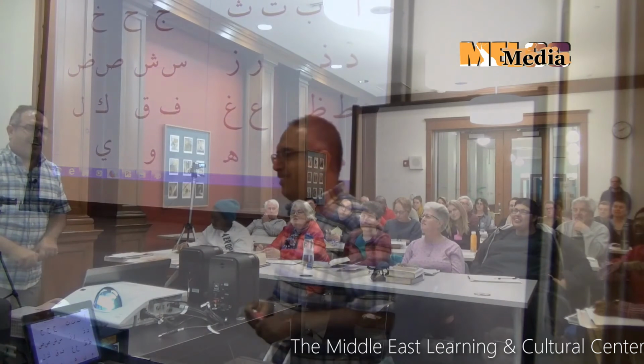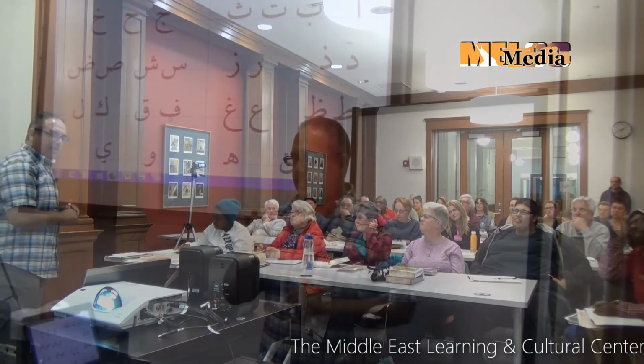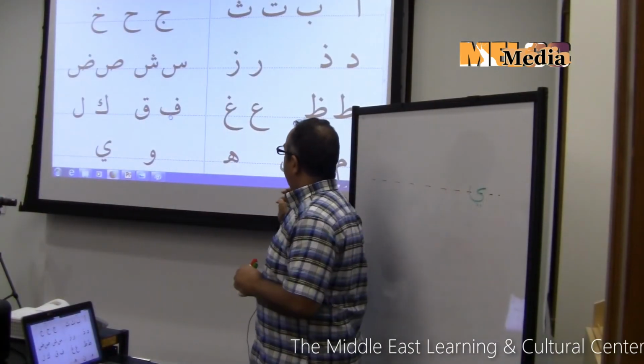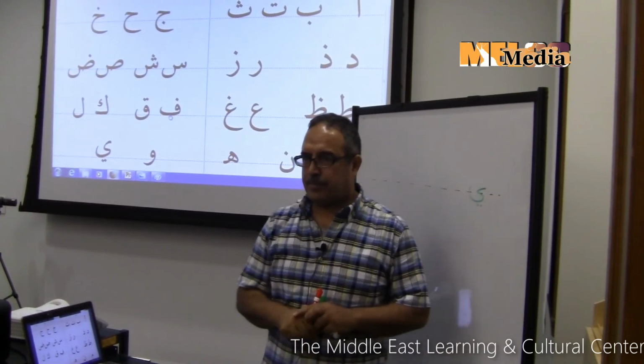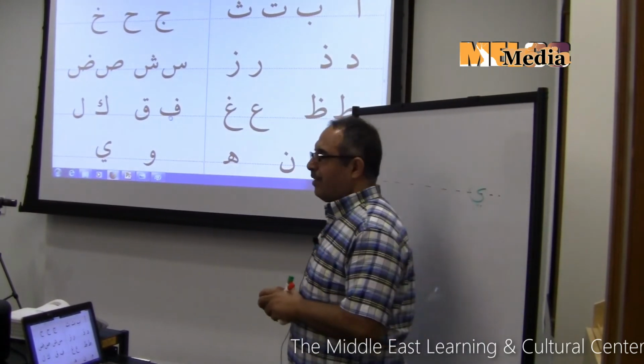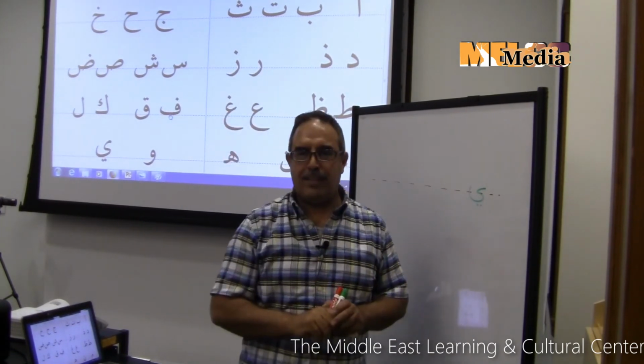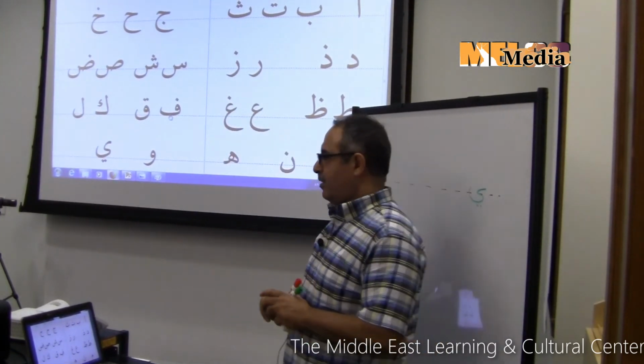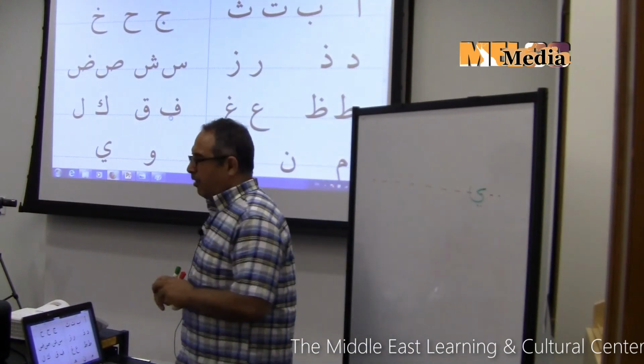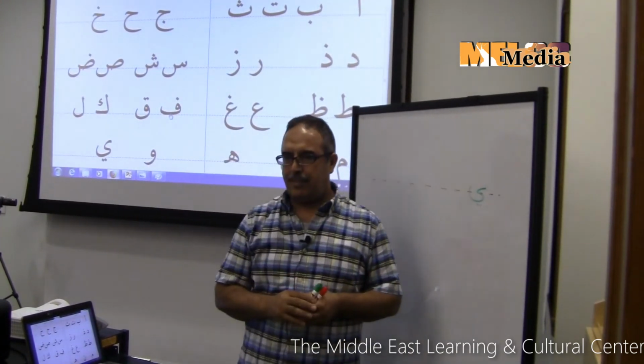That's pretty good. We now mentioned three letters that are the vowels. What are they? Alif. Wow. Yeah, perfect. So these are the only three vowels we have. Can you do that again, please?